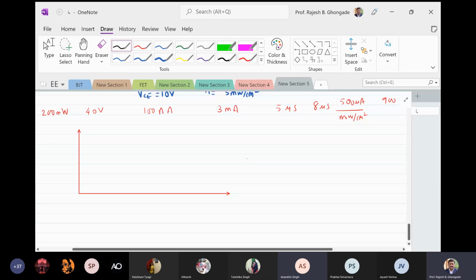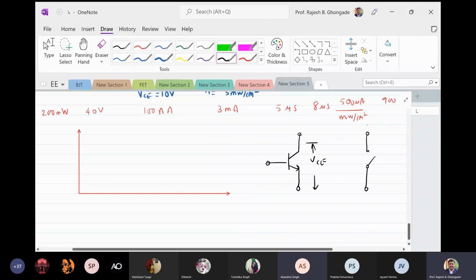First of all, understand one thing, that if I want to use the transistor as a switch, this is going to be the voltage across the device. If it is supposed to be used like a switch, now tell me one thing.